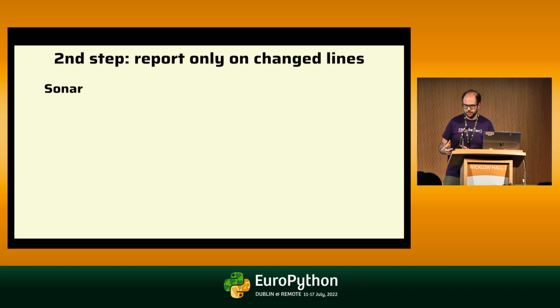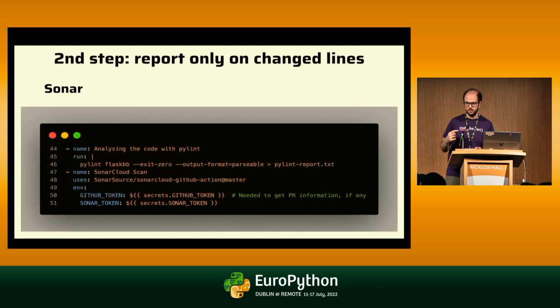The second solution that I would like to outline here is based on Sonar. This is the company I work for. At Sonar, we strongly believe in the clean as you code methodology, and we have it in our products. Here we're going to use the cloud version of the Sonar solution, called SonarCloud. Again, we're going to slightly modify the CI configuration.